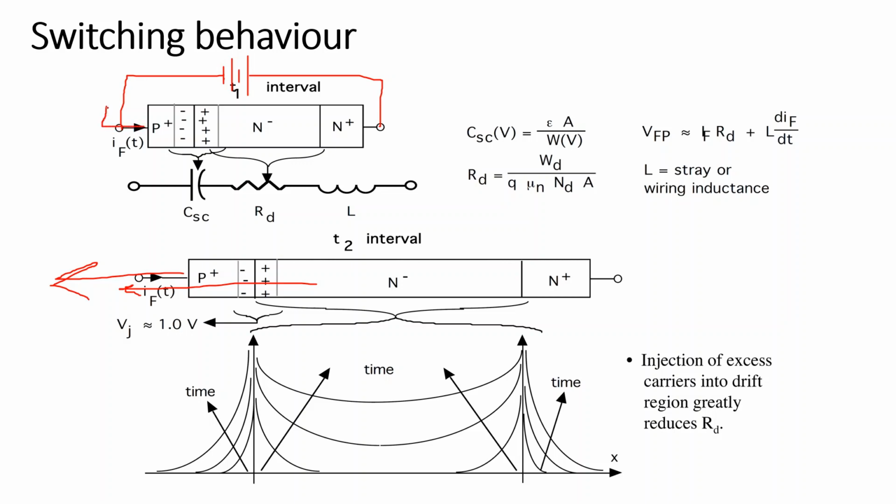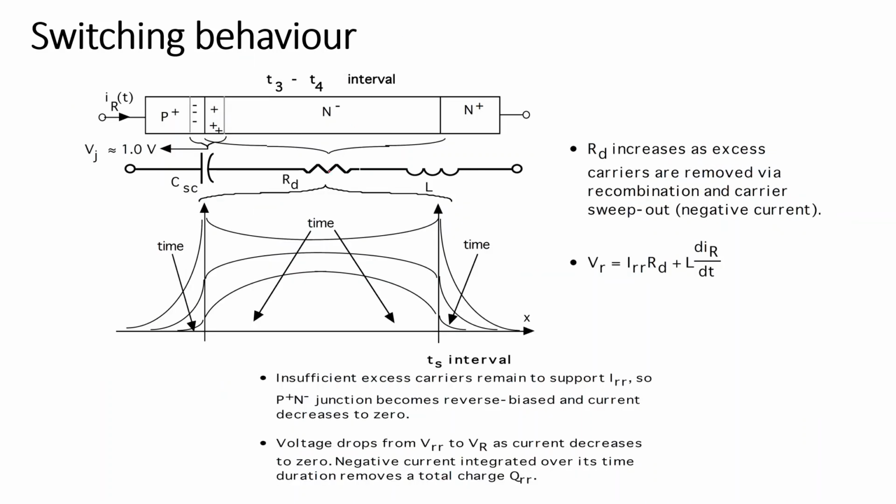So current will start flowing in this direction, IF, and this negative current will sweep out the negative charges from the drift region, and then the distribution of charges will look like this. With time, the charges reduce.